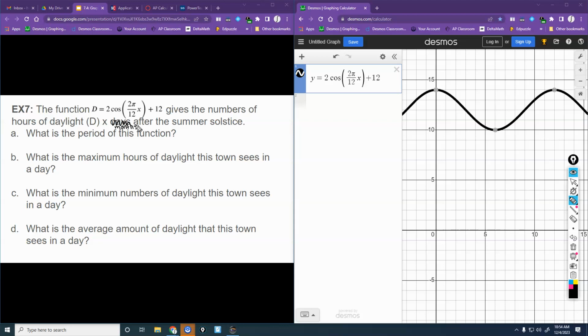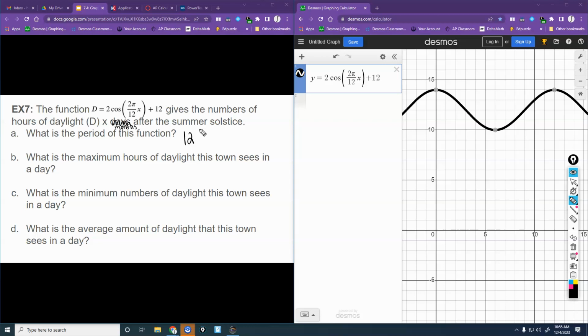We just said on the summer solstice, the longest day of the year, and after the summer solstice, what happens to the number of hours of daylight? Decreases. Then it would increase again till it gets to the summer solstice again. How long does that take? 365 days. But the period of this is 12. That's why I'm telling you it's a bad problem. That should not say days. It should say months, because this is counted in months. 12 months would be a year. So the period of this function is 12.